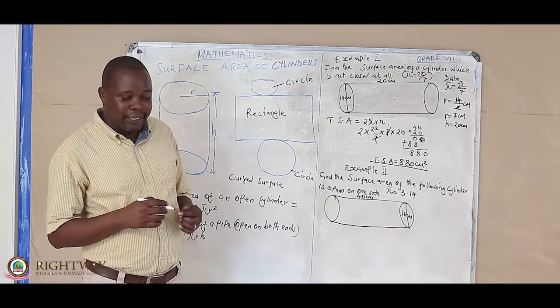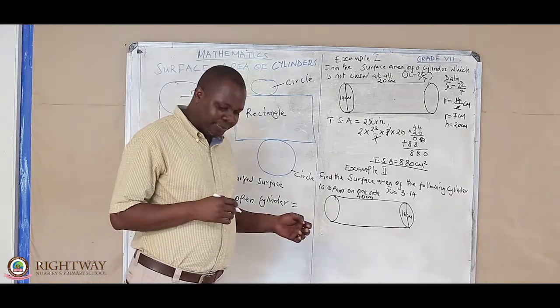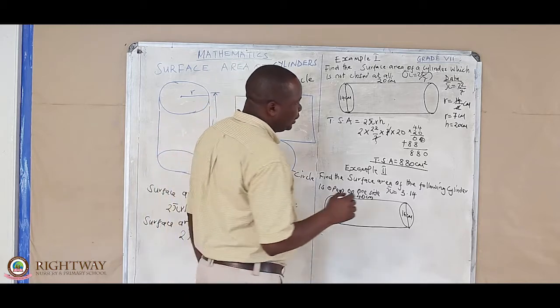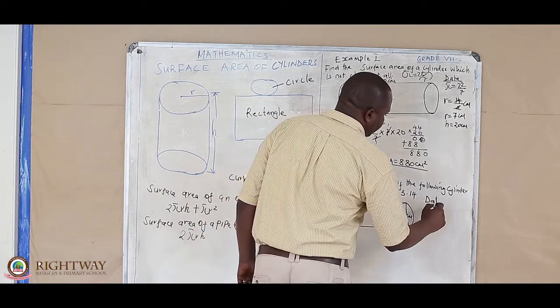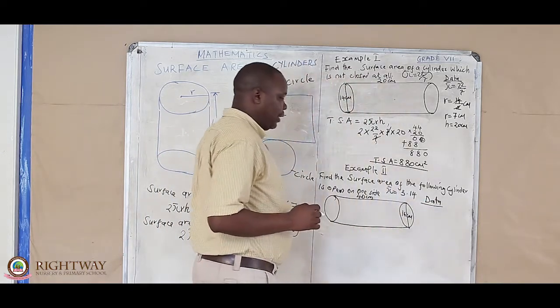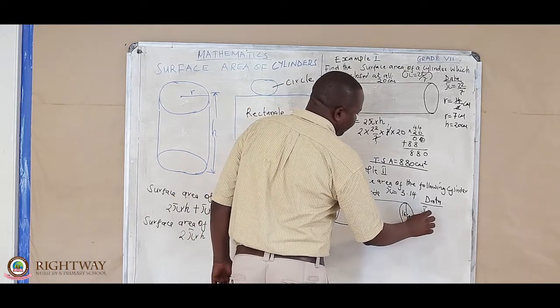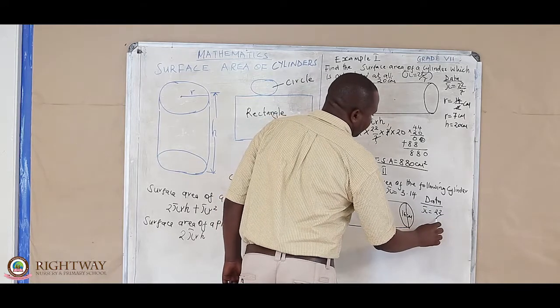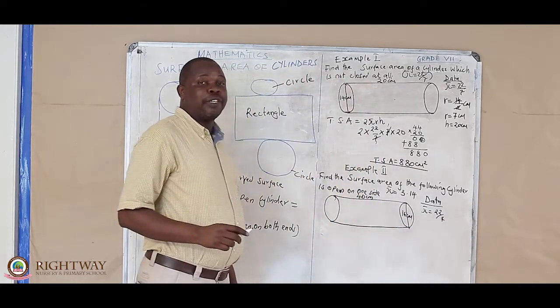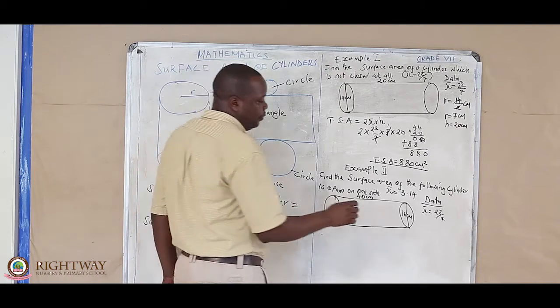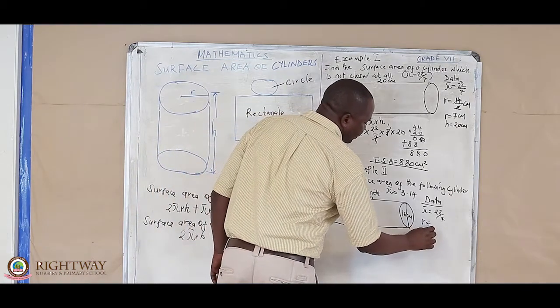This cylinder is open on one side. It's an open cylinder. Now, we first of all have to collect data. For this case, we have pi being 22/7. We have r.